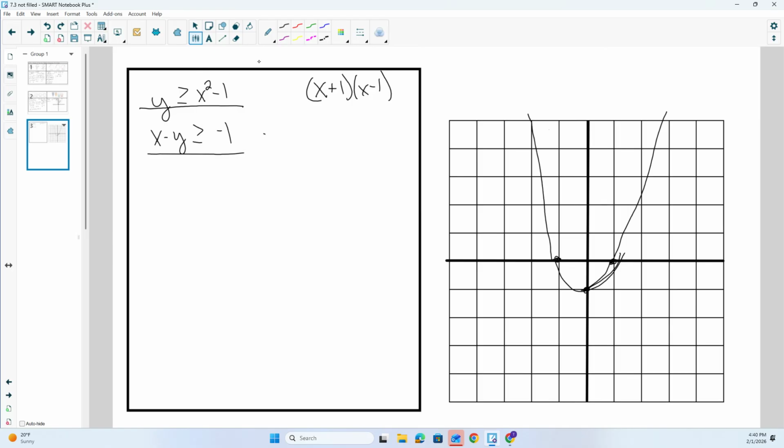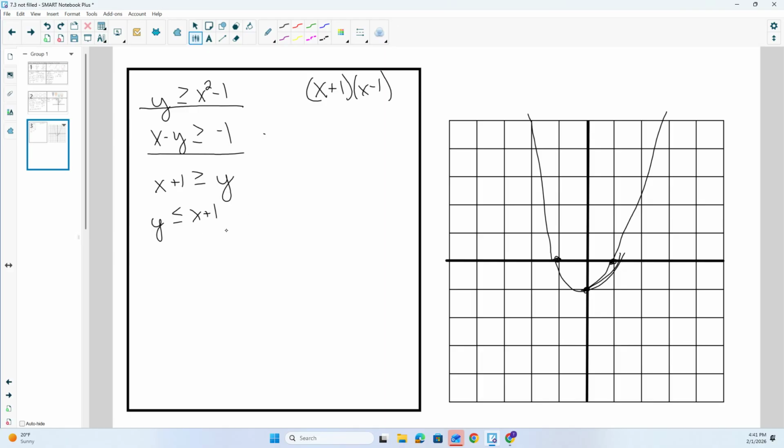That's very ugly. Then I would do this one. We want to make this y equal, so let's move the y over here and the negative 1 over there. That gives me x plus 1 is greater than or equal to y. We could flip that around and say y is less than or equal to x plus 1.